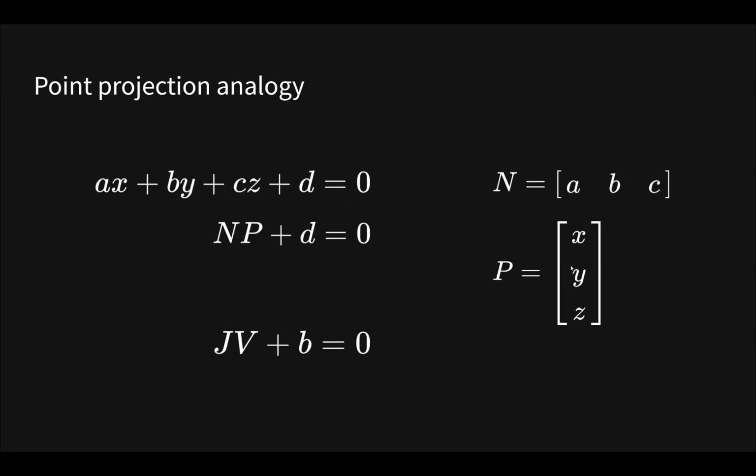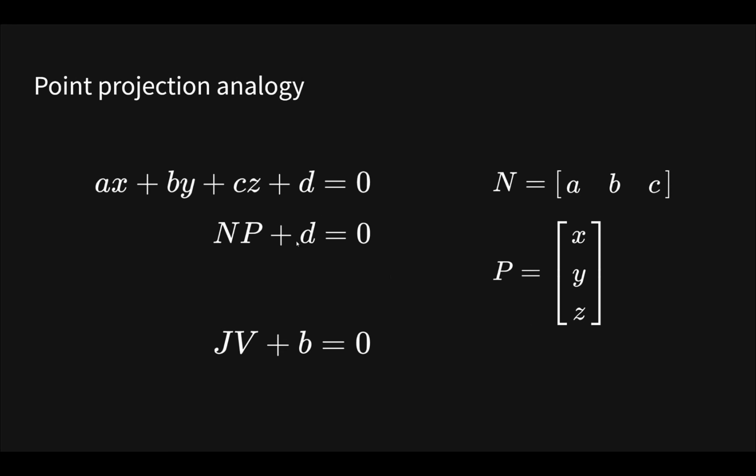A plane can be defined from a normal n, where the normal's components are a, b, and c. And if we have a point x, y, z as a column vector, then we can rewrite this equation as the dot product of these two, plus a bias term, which equals 0. And you'll notice that these two actually have the same form.